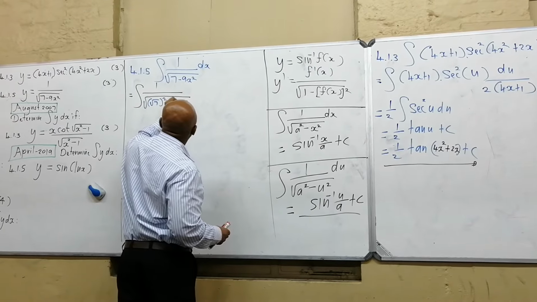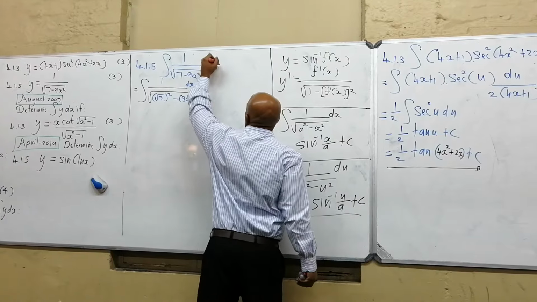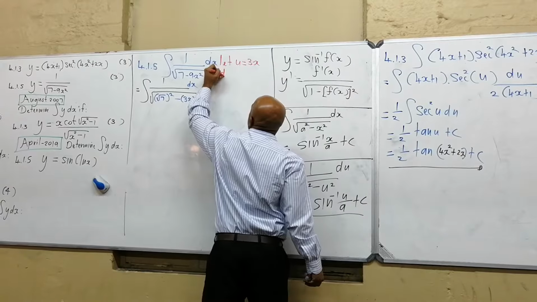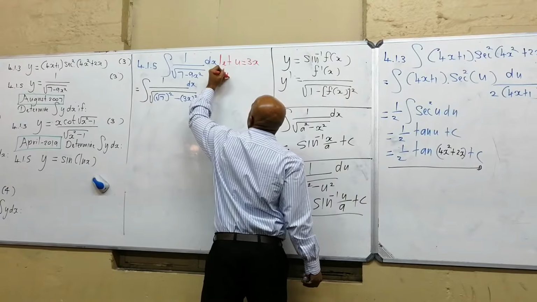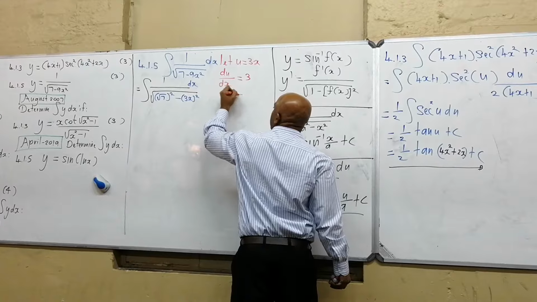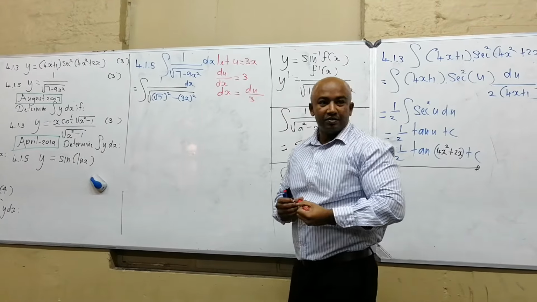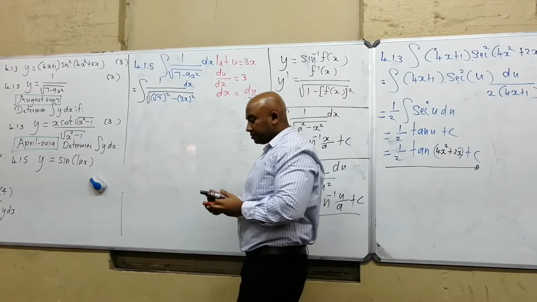So we just do a simple u substitution, replace 3x with u. I'm going to let u equal 3x. Then du over dx, the derivative of 3x, is 3. So then dx is going to equal du over 3. You're clear with that? So now, what happens here?